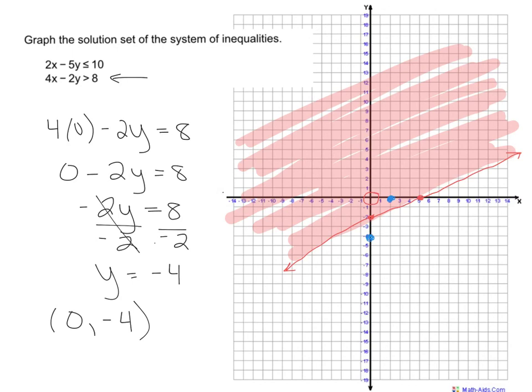Now, if we look at our original inequality, we'll see that we have a greater than sign. There's not an equal to line underneath that sign, so that means that our line on the graph is going to be dotted. So we'll go ahead and connect those two dots with a dotted line.